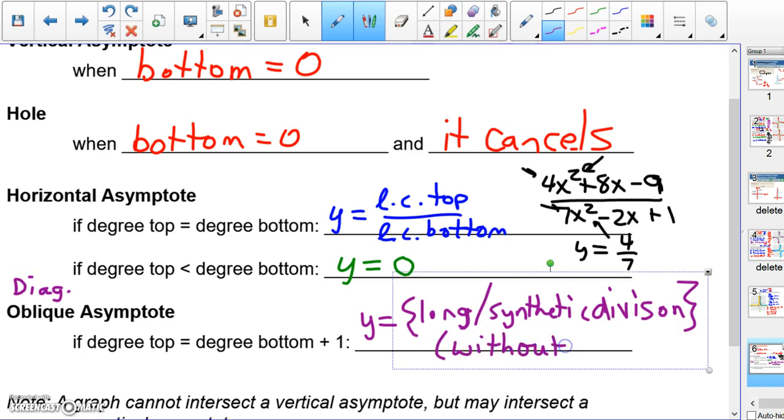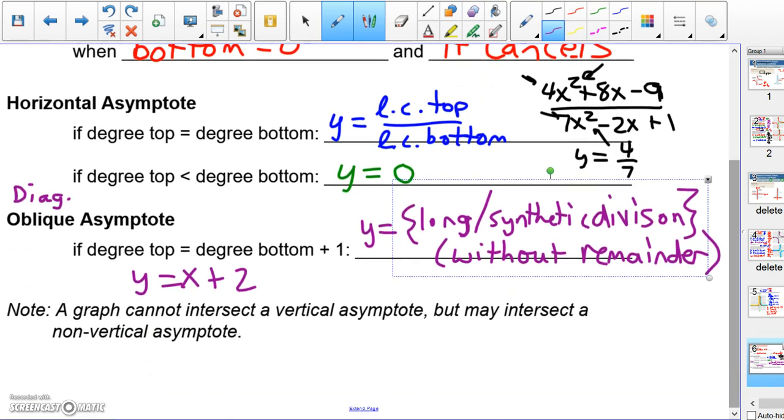So whatever you get when you do a long division problem or a synthetic division problem, ignoring the remainder, that's what your oblique asymptote is going to be. It's going to look something like y equals x plus 2 might be an oblique asymptote, a diagonal line, as opposed to vertical or horizontal.